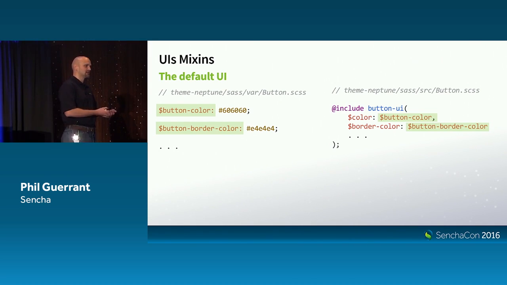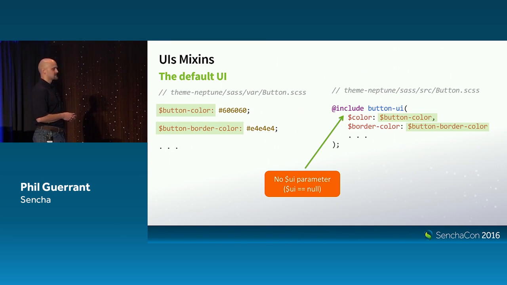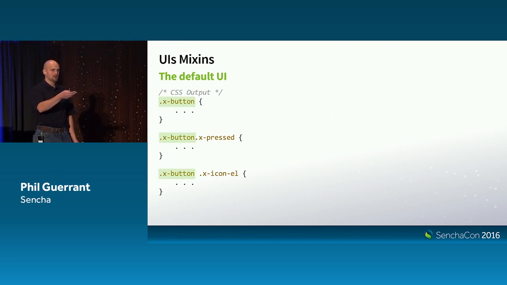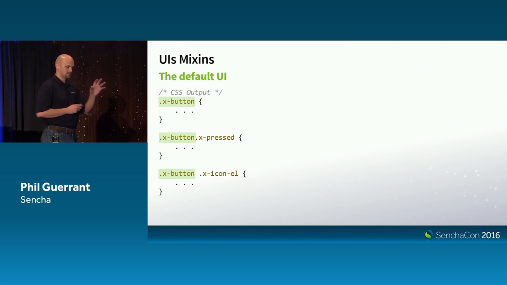So this invocation sets all the variables, and an important thing to note is there's no UI parameter passed here. So that means the selector that we're going to get is just X button. And then we might also style like a pressed state or hover states. We might style child elements of the button targeted using the X button class, which every button has regardless of its UI. And so that creates its base styling.